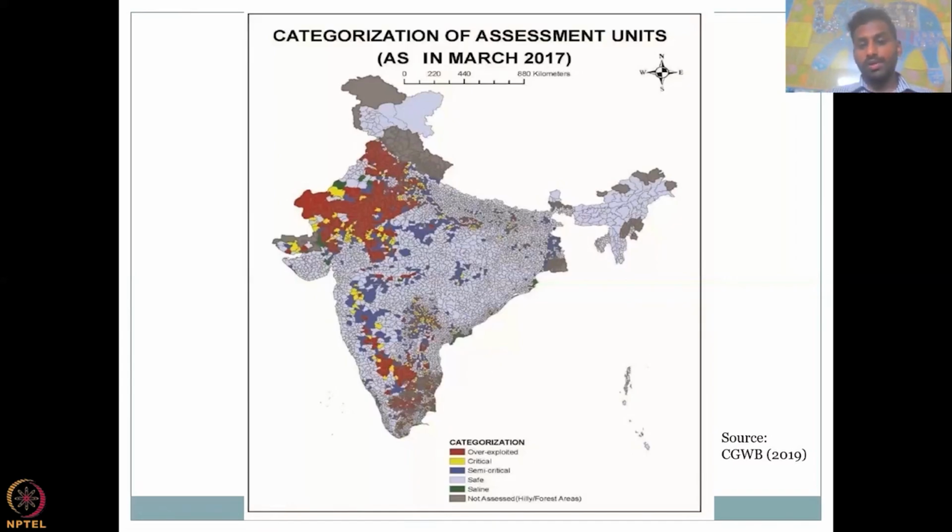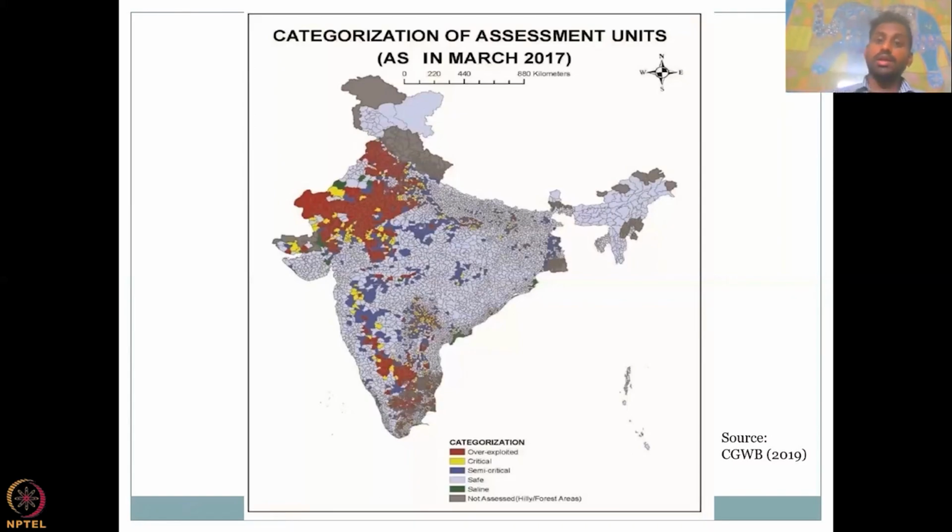And you also have semi-critical, the blue color in some regions where slowly they are converting into the yellow, which is critical, and then red. So this is how they progress. If you don't take any action, the groundwater levels continue to decline. And at one point, the groundwater is extracted more than the annual recharge.